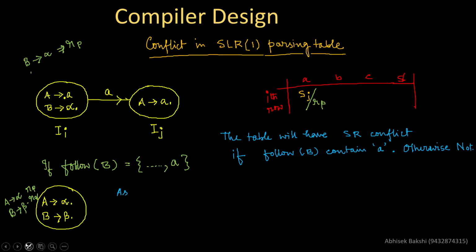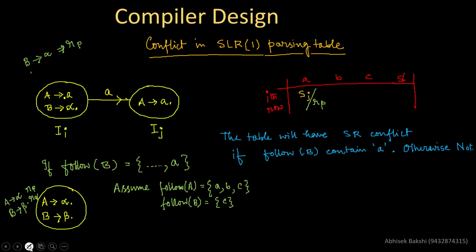Assume that follow of A is a, b and c, and follow of B is only c.